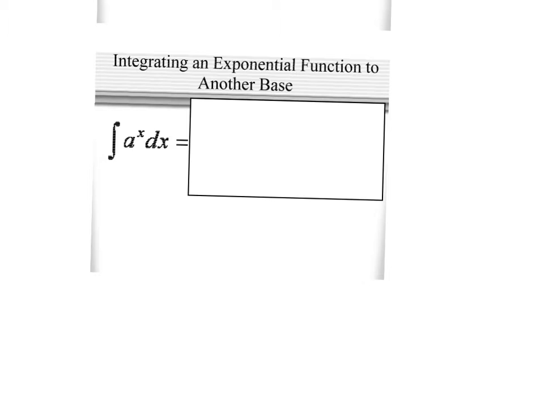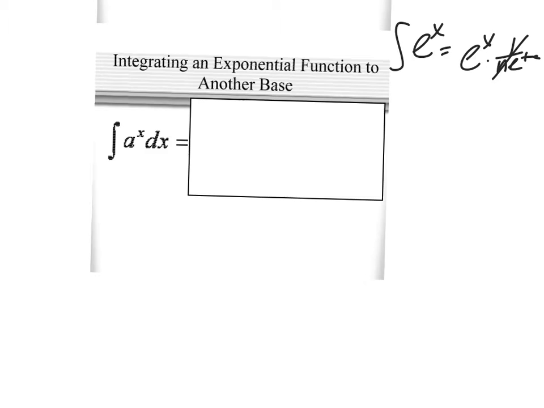Integrating, just a reminder that usually when you integrate with e to the x, same thing with the derivative, the integral of e to the x is literally e to the x plus c, but what you're really doing is e to the x times 1 over ln of e, but again that cancels because that's 1, plus c.